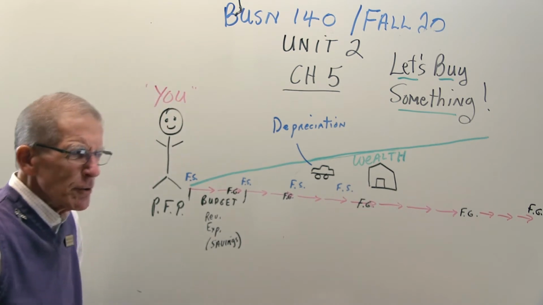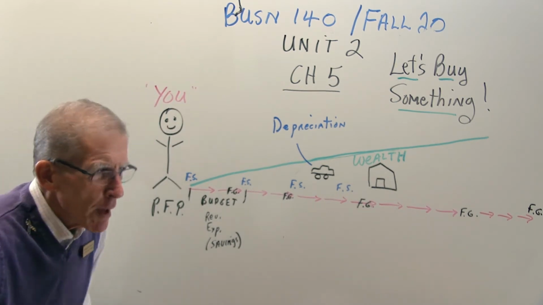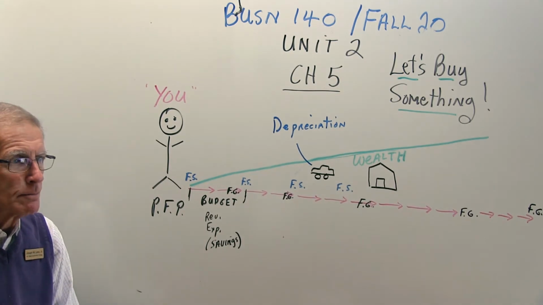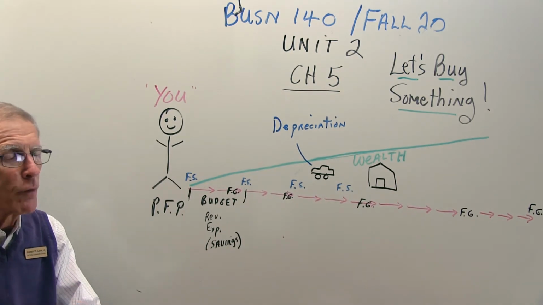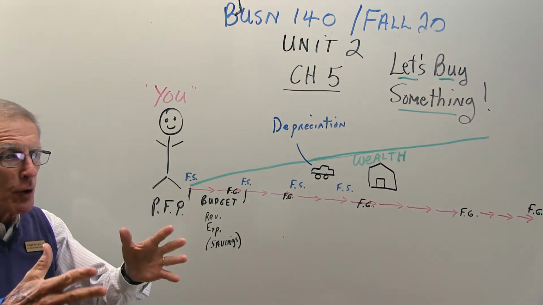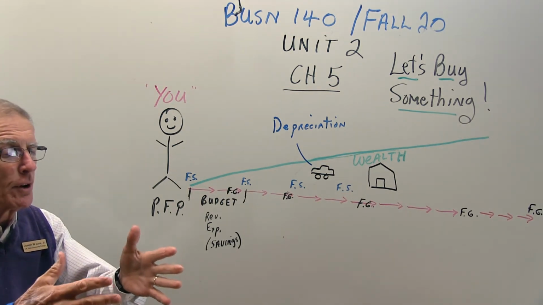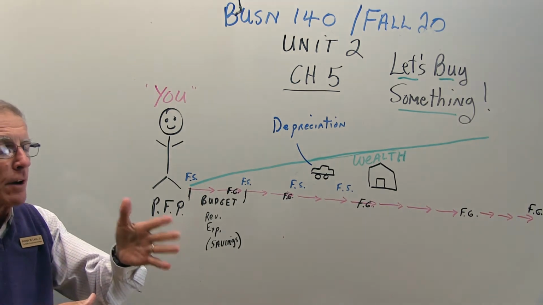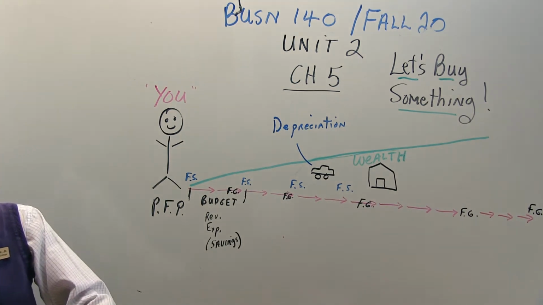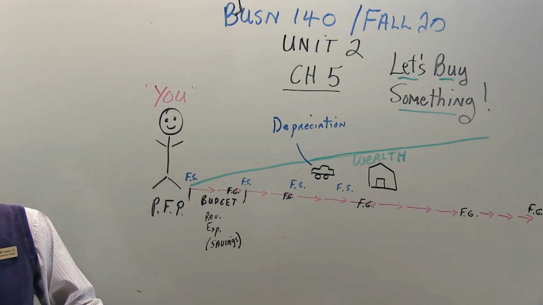It's when something loses value. Basically, depreciation is the loss of value because of use, over time. And the way you determine what the depreciation is, it has to do with what it costs, what you can sell it for. That difference would be depreciation.